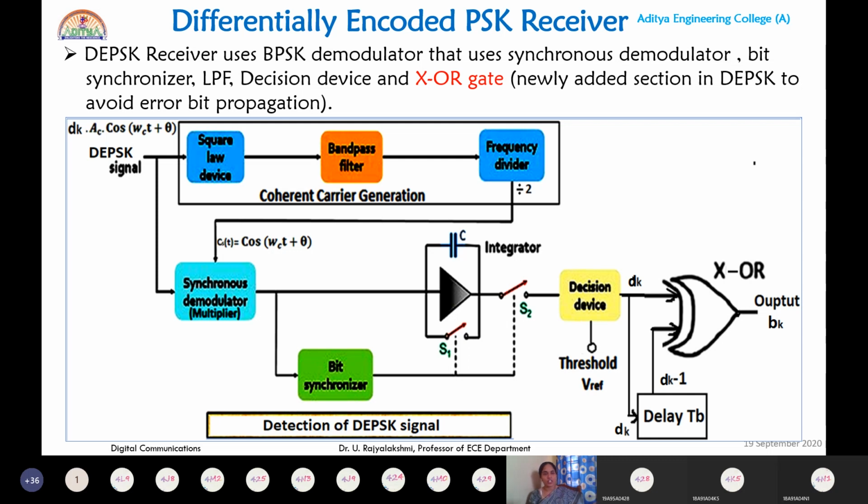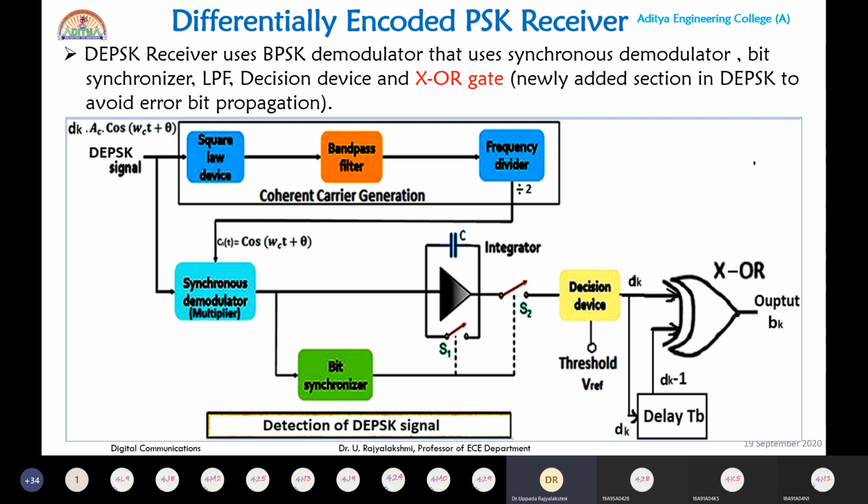But here that kind of problem does not arise because dk is unipolar. That may be either 1 or 0. If you square 1, you will get 1. If you square 0, you will get 0 only. So that problem doesn't exist here. What is that problem called? Polarity problem.